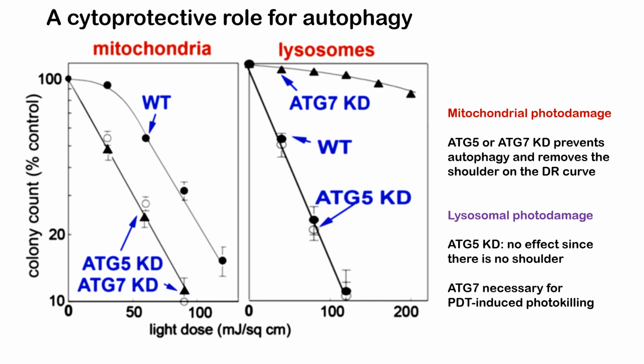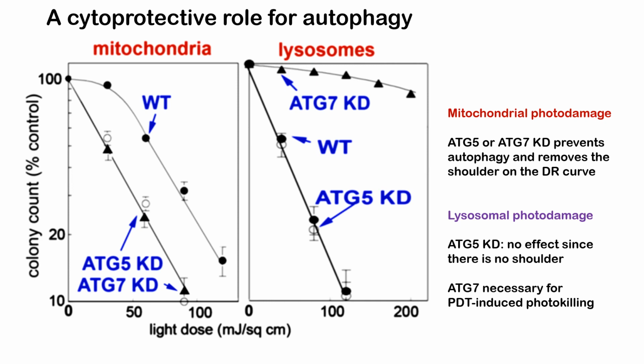To the left is a dose response curve for effects of photodynamic therapy directed at mitochondria. In the wild-type cells, you notice a shoulder on the dose response curve, showing that autophagy can partially protect cells from death. What is likely happening is that damaged mitochondria are being engulfed and digested before they can release cytochrome C and initiate apoptosis.